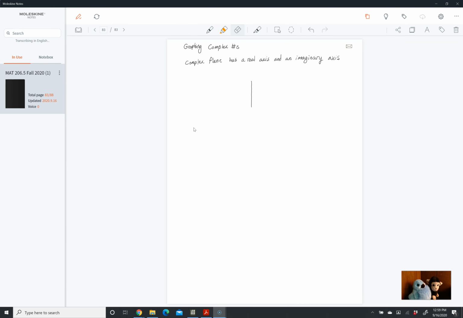And we're just going to graph a couple of examples of complex numbers. So this is your real, which you could just put a capital R for. And this is your imaginary, which you can just use a small i for.